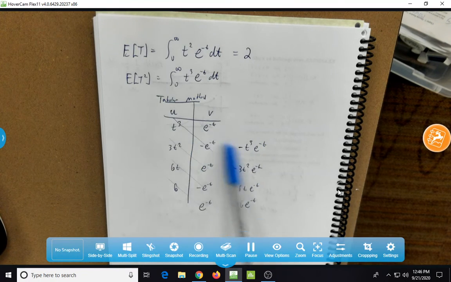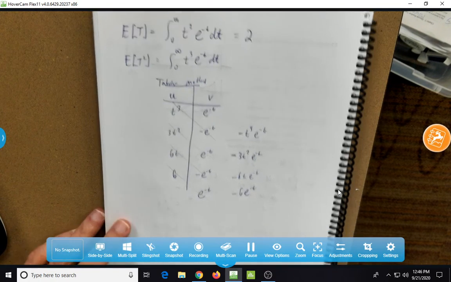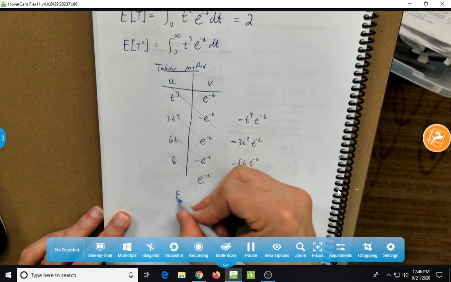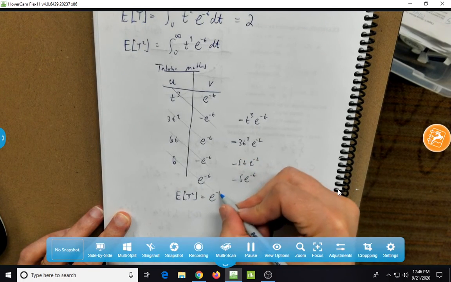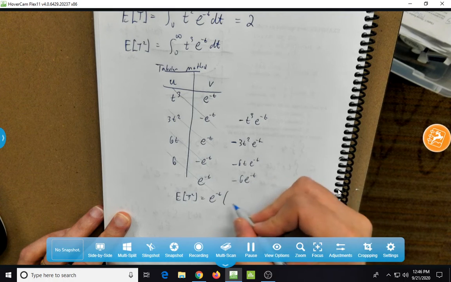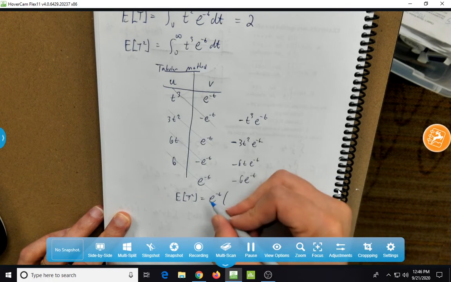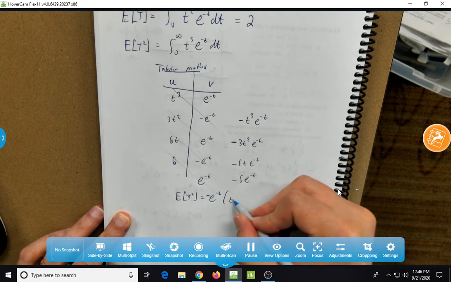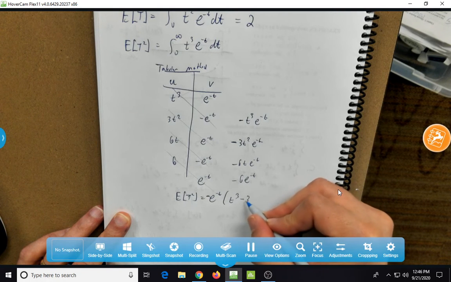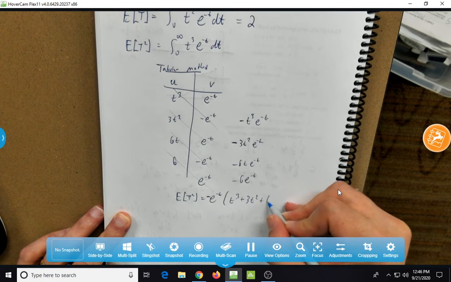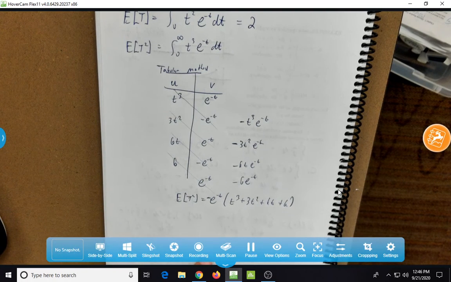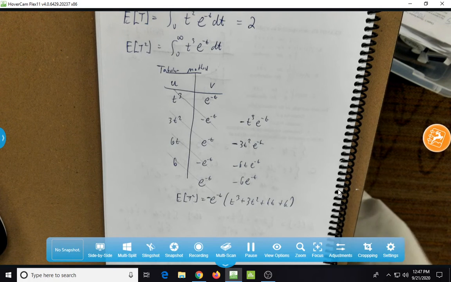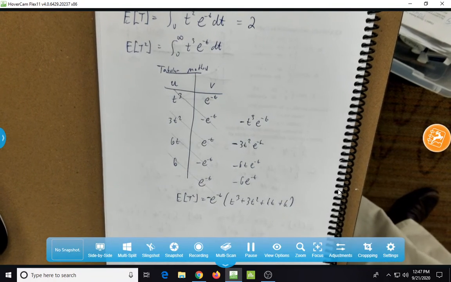But then we can find that the expected value of t squared is equal to e to the negative t, let's put the negative sign out front, times t cubed plus 3t squared plus 6t plus 6. Now, if we take this limit as t goes to infinity, what wins out?